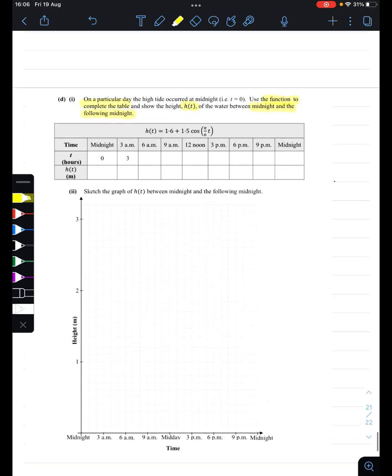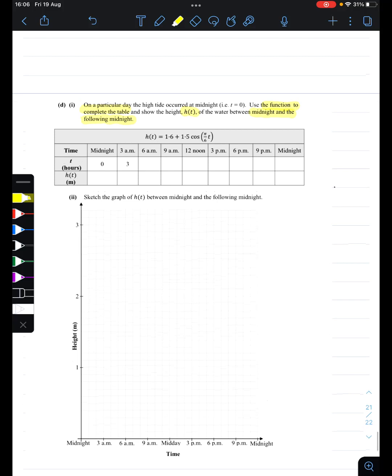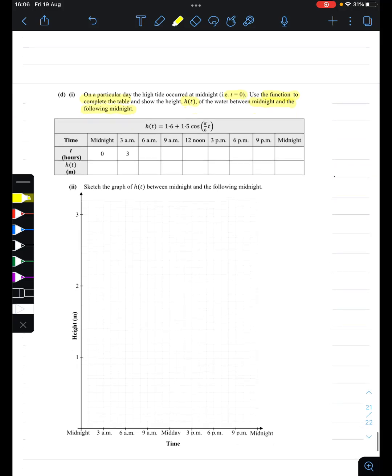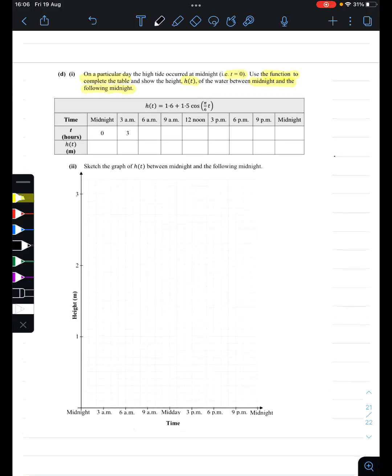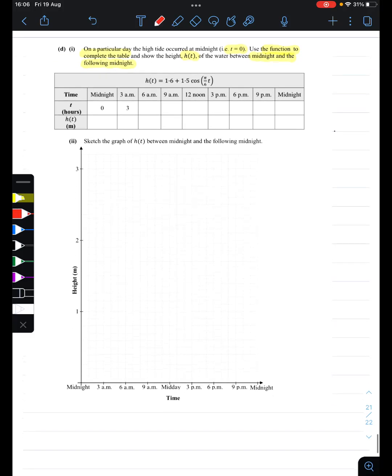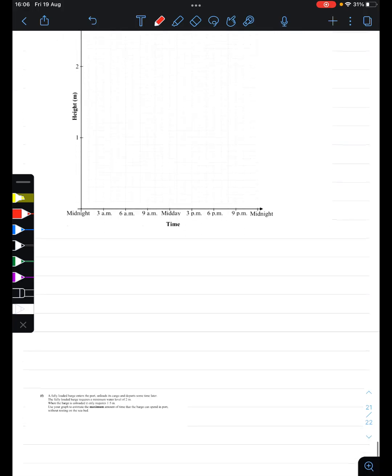Okay, so they've told us that t equals 0 at midnight. So let's go back to our function. h of t equals 1.6 plus 1.5 cosine pi over 6t.